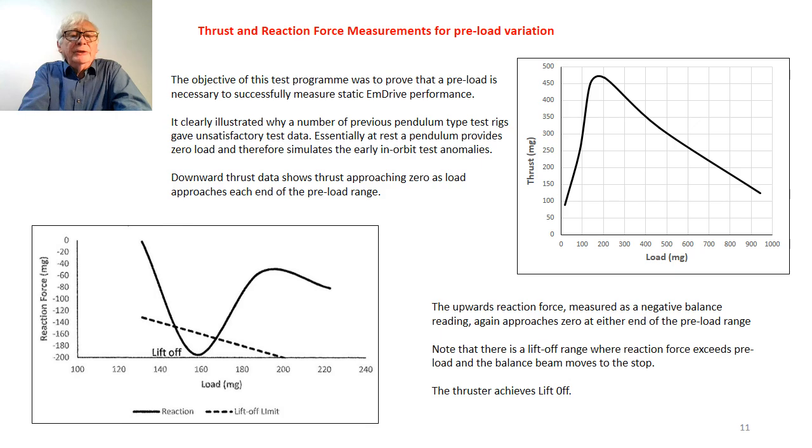So if we look at the graph on the right, this is showing the variation in thrust. So it's a positive downwards force against the horizontal scale of varying preloads from 0 to, in this case, 1,000 milligrams.